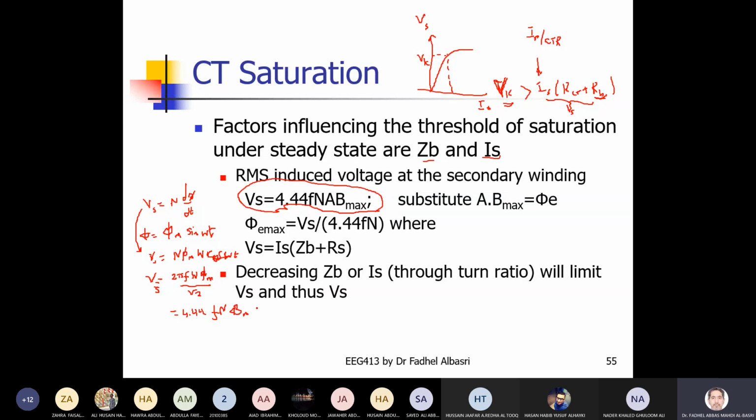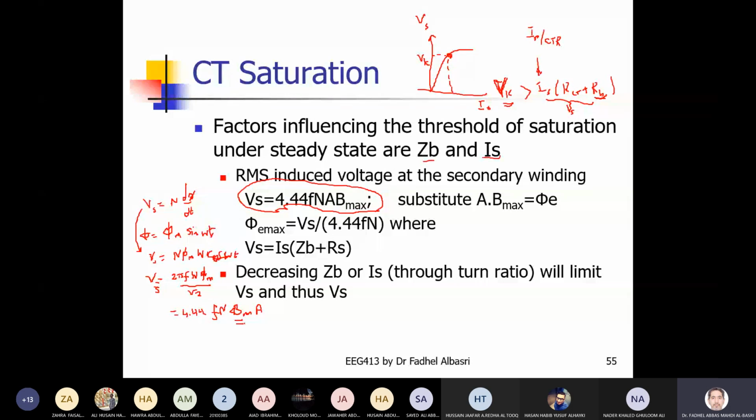As you can see, if we increase the cross-sectional area of the core, I can go to a higher secondary voltage before the CT saturates. B maximum represents the maximum flux density that should not be exceeded in order not to pass the saturation point. Of course, we fix our frequency at 50 hertz, and N, the number of turns, we know.